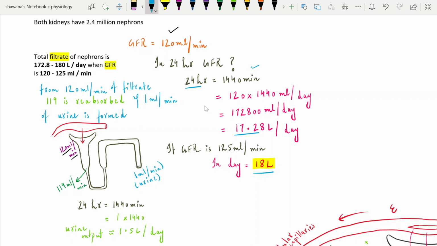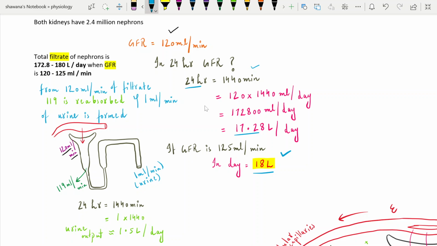You can imagine the filtration power of nephrons. Our body has 5 liters of blood, but it is passed through the nephrons again and again until 17 to 18 liters of filtrate is formed in 24 hours. And this is filtrate, it is not urine.